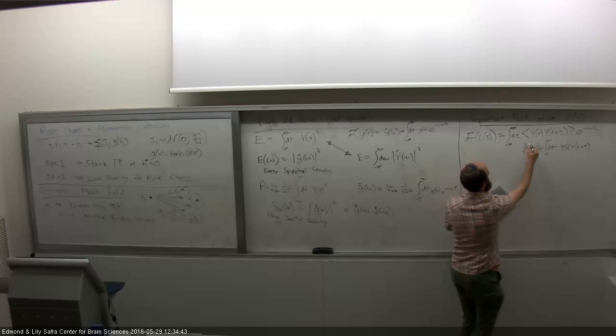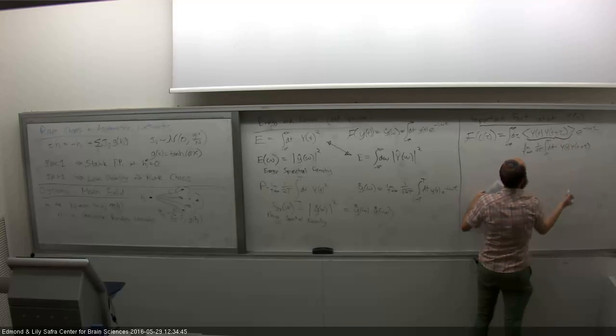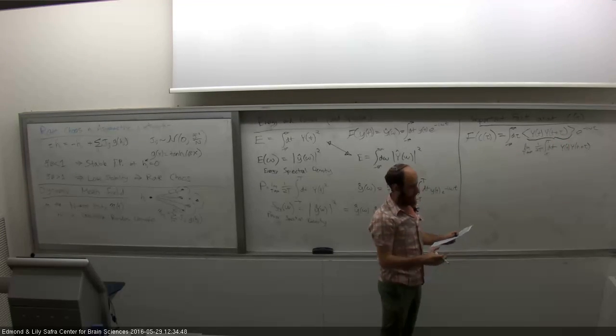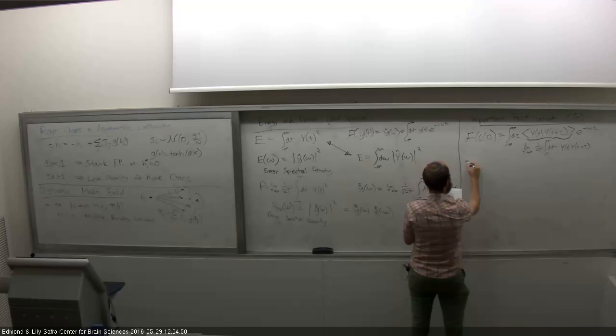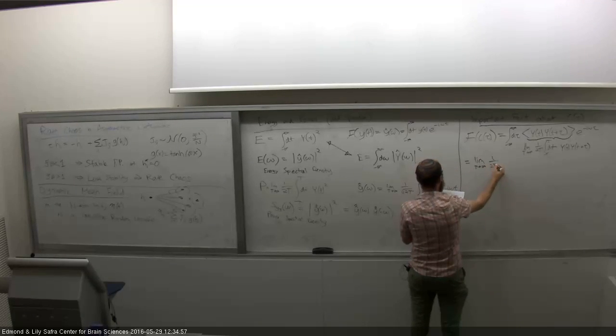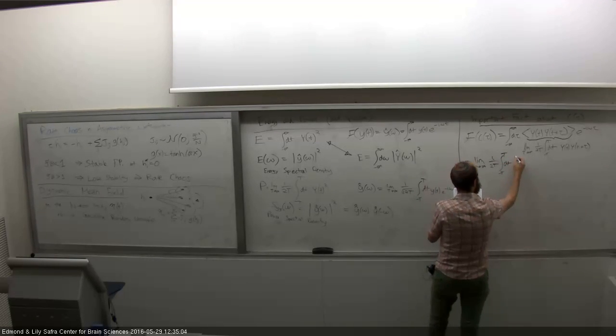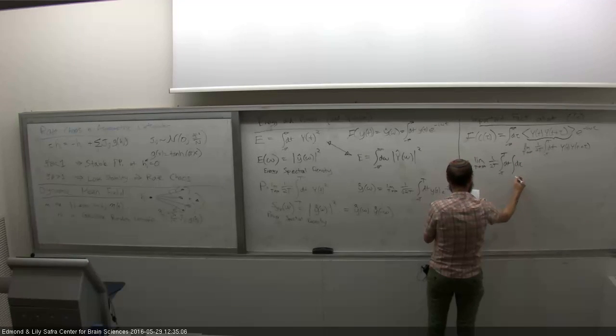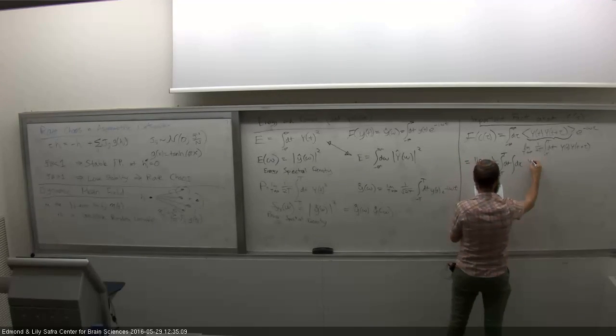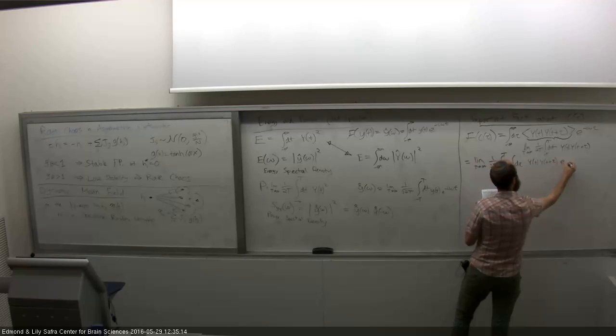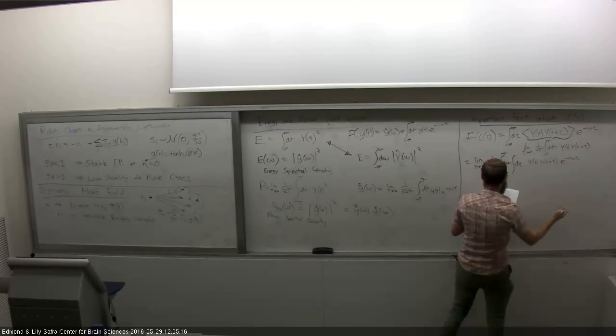Then we're going to switch the order of integration. So our Fourier transform is equal to the limit T going to infinity, 1 over 2T, integral from minus T to T of dt, and now the integral over d tau, y of t plus tau, e to the minus i omega tau.